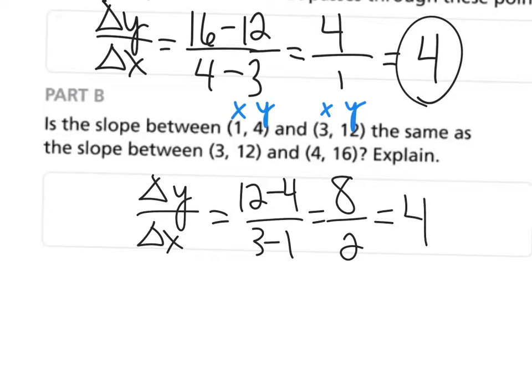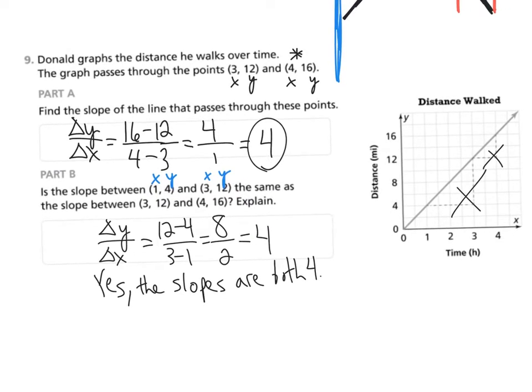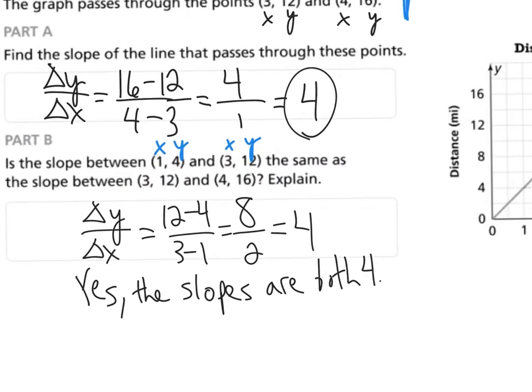And that is 4, so we would say yes, the slopes are both 4. So what they're trying to get at there is that the slope is the same no matter what 2 points we pick.